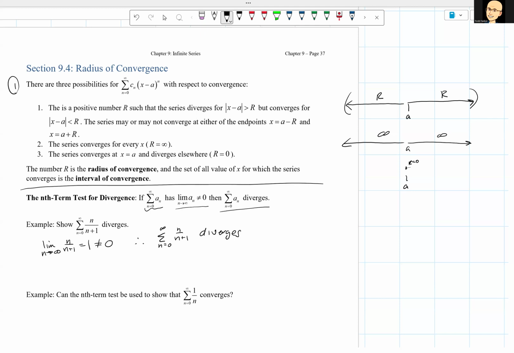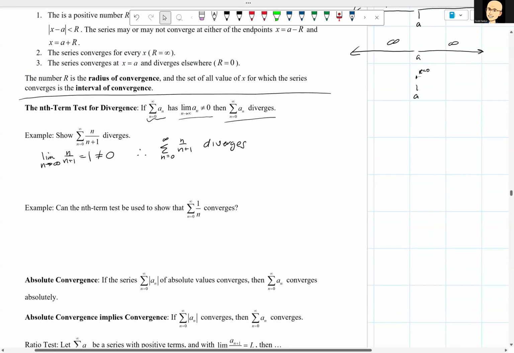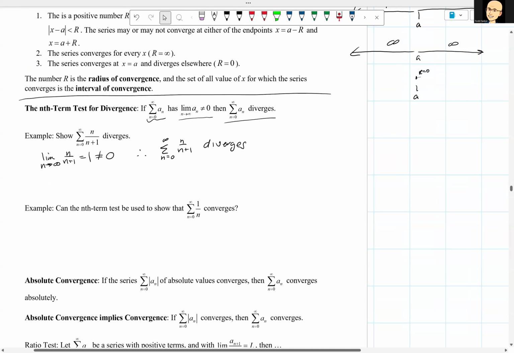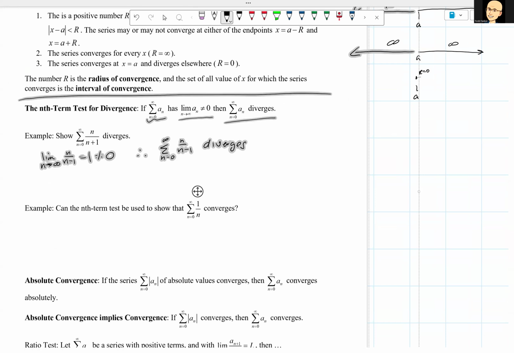Now, the thing that we need to watch out for as we talk about this second idea is that you can't use the nth term test to show convergence, only divergence.